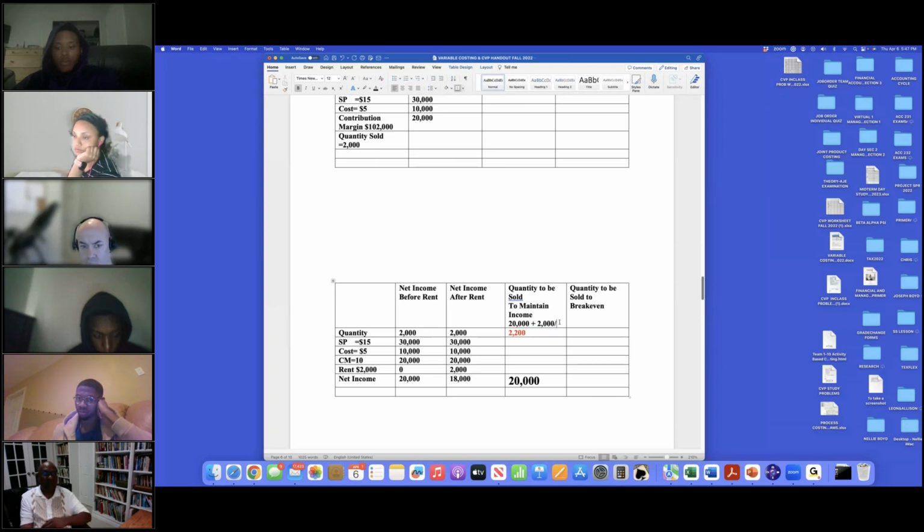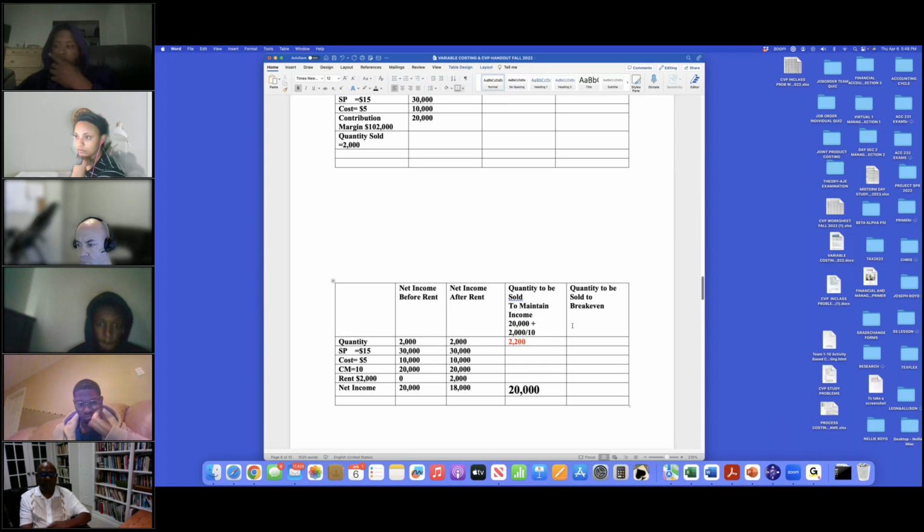By 10. What is 10? The unit contribution margin. So this is a very important number. We're going to divide by that 10. And if we do that, 20,000 plus 2,000 is 22,000. Divided by 10 is 200.